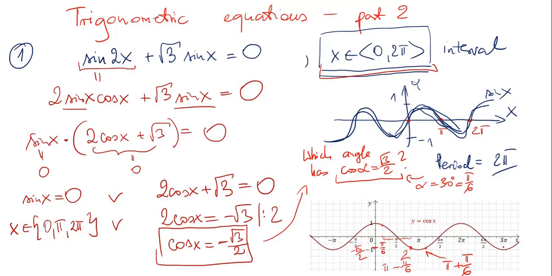So if you see any mistake, please let me know. Then we will correct this. So as far as I can see, here we have x belongs to 5 pi over 6 and 7 pi over 6. So we have 5 answers, 3 here and 2 here. So together 5 possibilities, 5 answers to this equation.